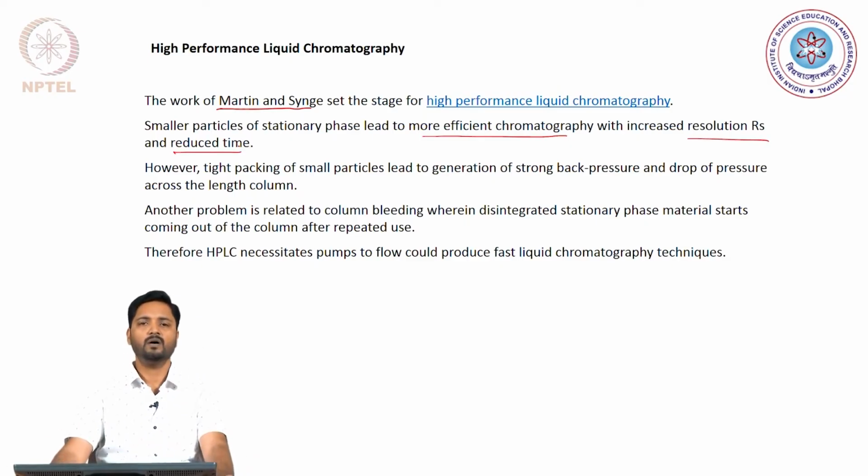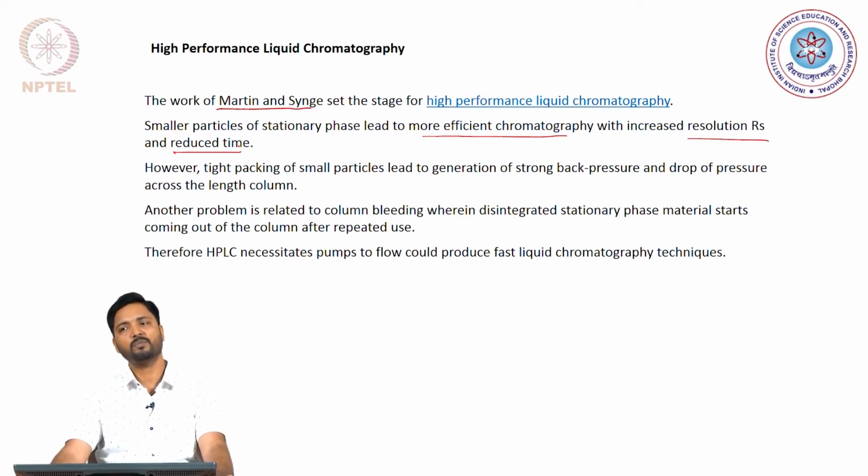So, of course, a key consideration when we move from normal column chromatography that is conducted day to day in synthetic organic chemistry laboratories to a high performance liquid chromatography, the key change is in the quality and size of the stationary phase that is being employed.